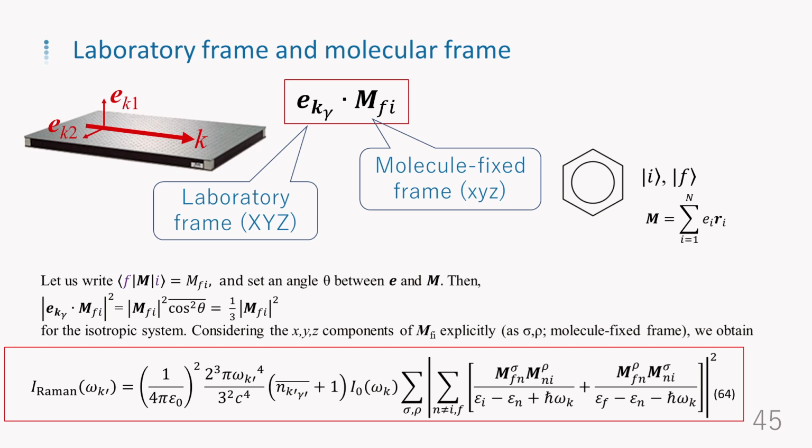This small xyz frame can be made identical to the other by considering three angles, the so-called Euler angles.